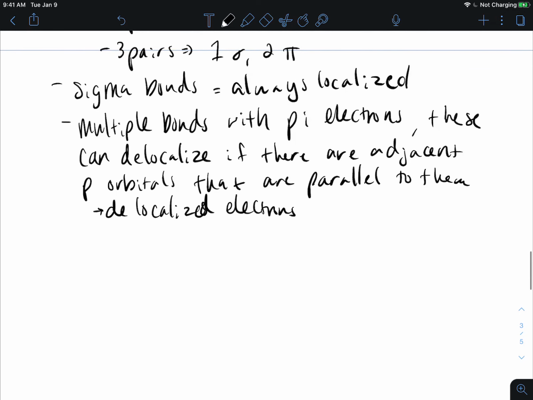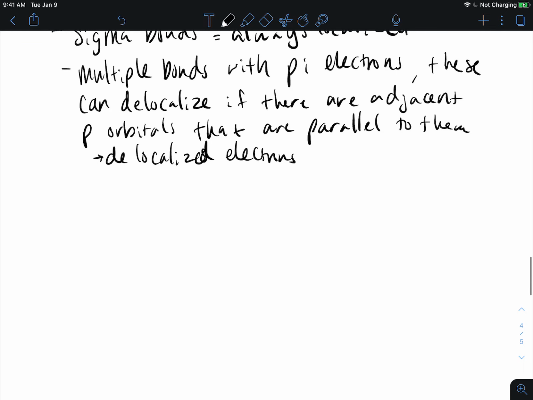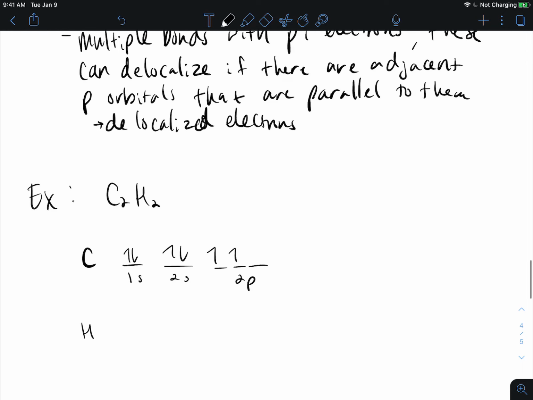We just want to do an example. So the whole thing, going through hybridization and looking at the pi bonds and such. So let's look at C2H2. So if we have C2H2, we have carbon with the electron configuration 1s, 2s, 2p, like so. And then each of our hydrogens are 1s.